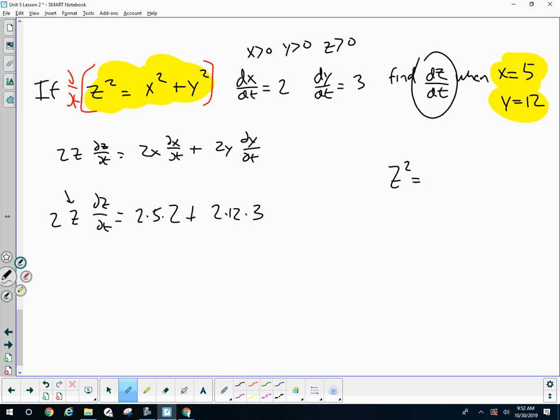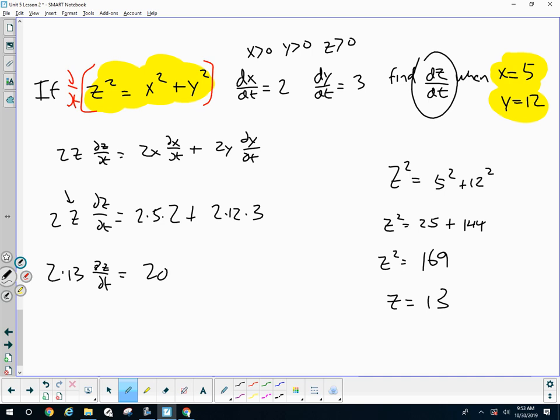z squared equals 5 squared plus 12 squared. z squared equals 25 plus 144. z squared equals 169. z will equal 13. Now we can find dz/dt.